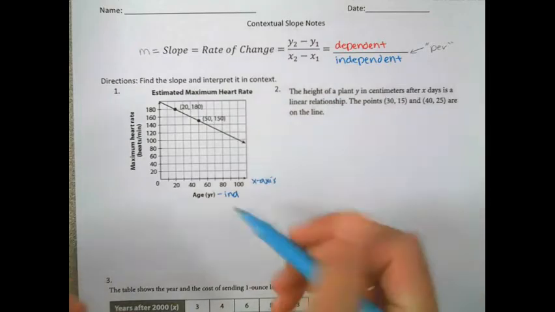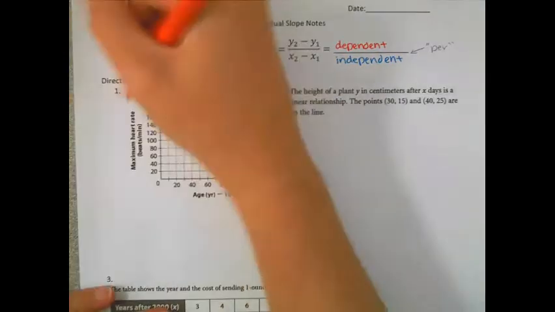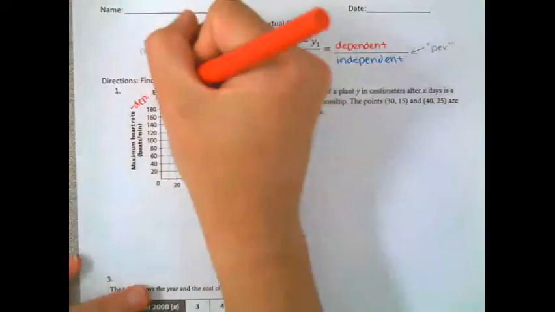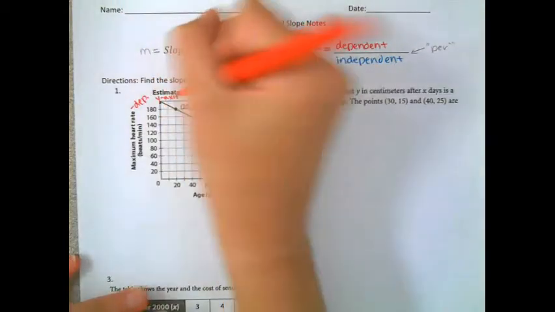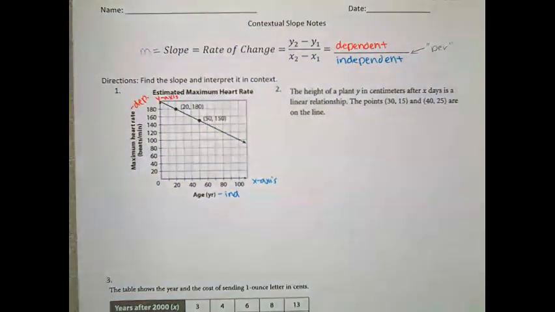And we're also going to note that this is our dependent variable because it's on our y-axis. That's going to help you guys identify what your independent and dependent variable is, which is going to help us make sure we can interpret it in context and include the proper units.